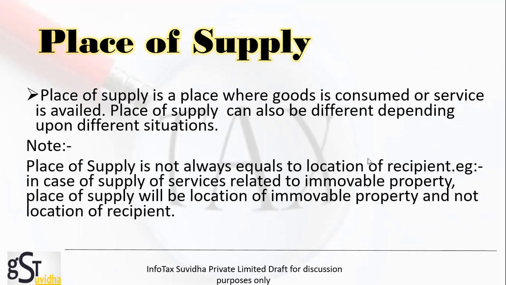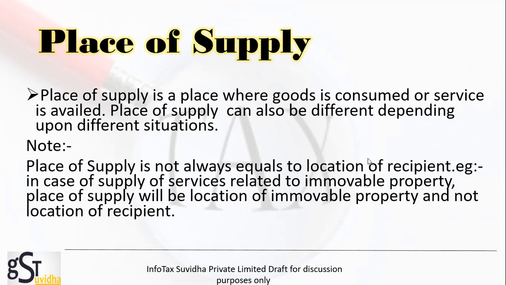Place of supply is a place where goods is consumed or service is availed. Place of supply can also be different depending upon different situations. We will deal with different situations later on. Right now just have a brief idea about what place of supply is so that we can understand CGST, SGST and IGST. You must note that place of supply is not always equal to location of recipient.